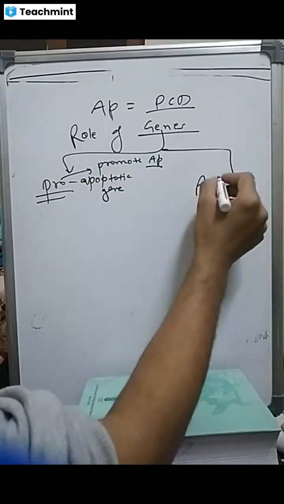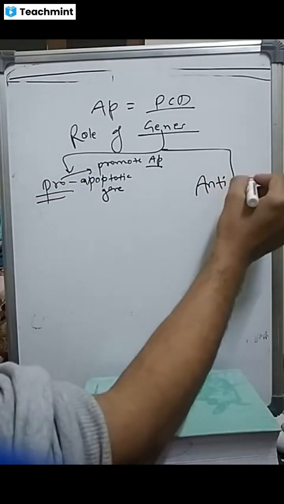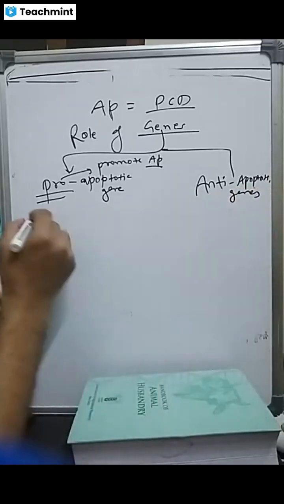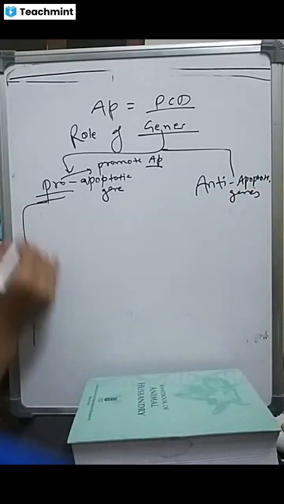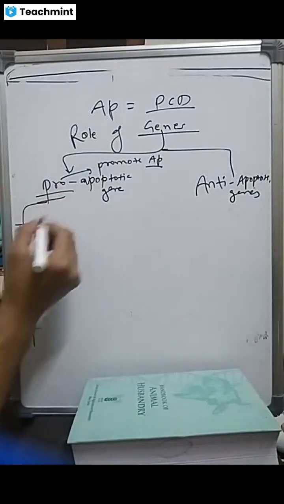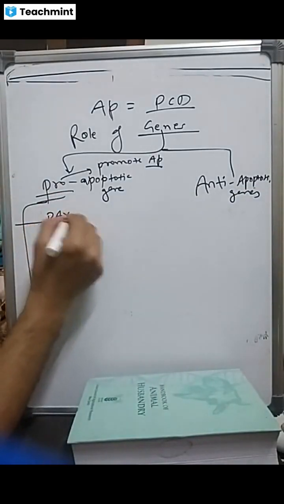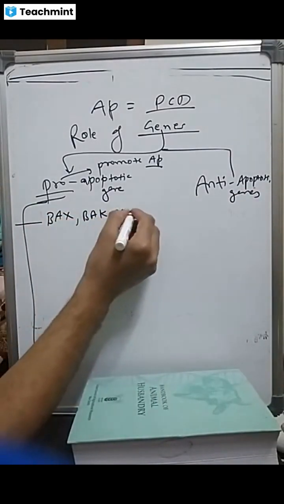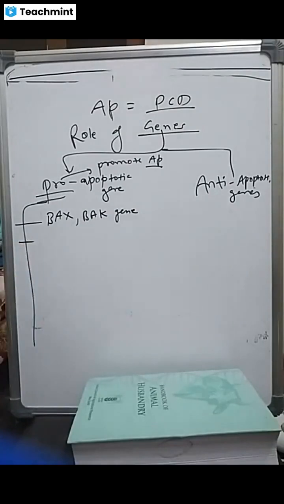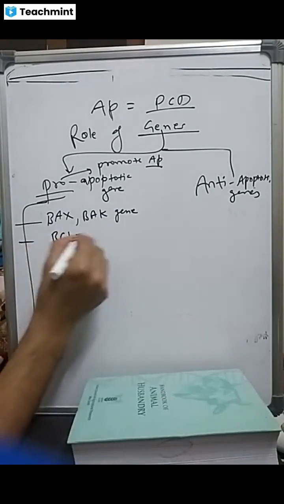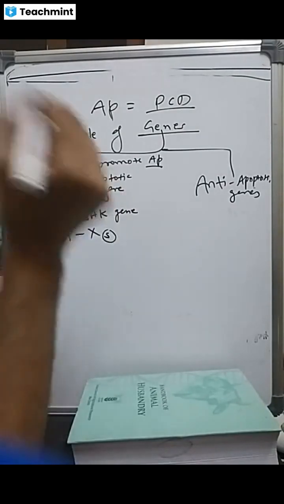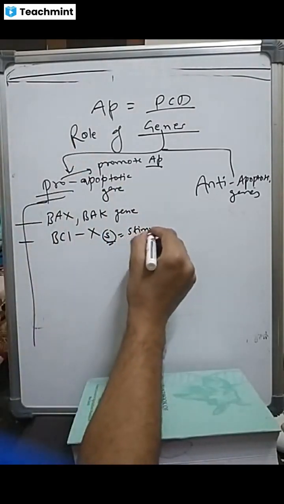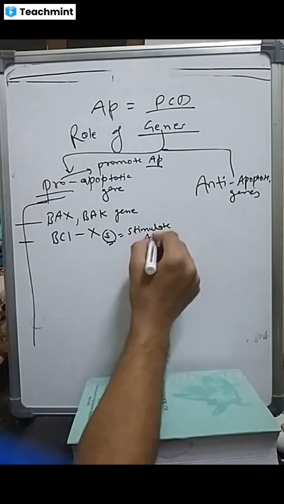And one is against them, the anti-apoptotic genes. What are the pro-apoptotic genes? They are the BAX gene, BAK, then BCL-XS. S means stimulate apoptosis.